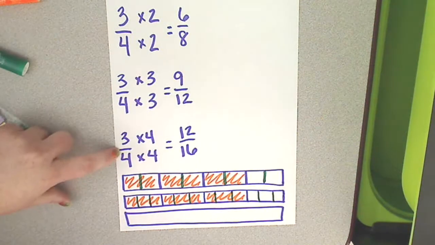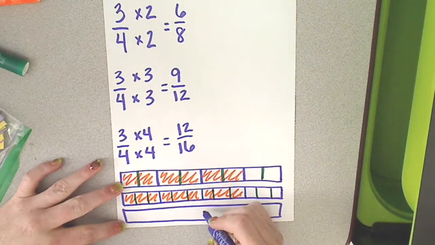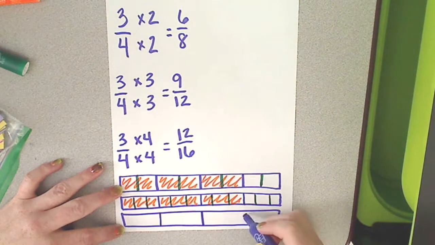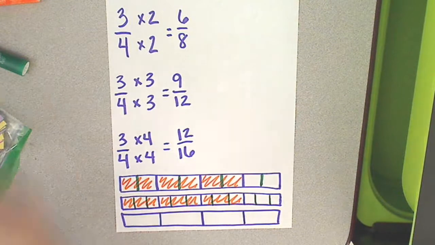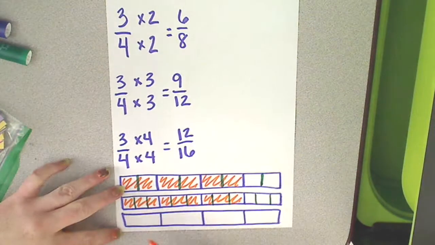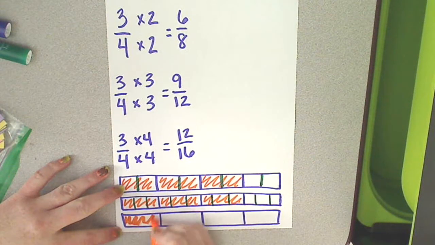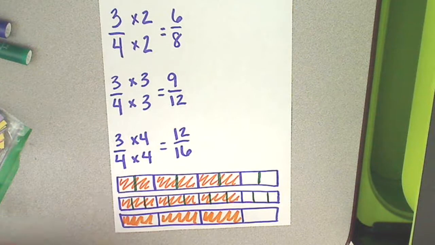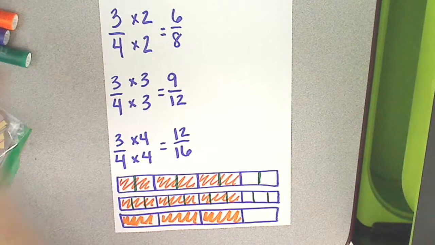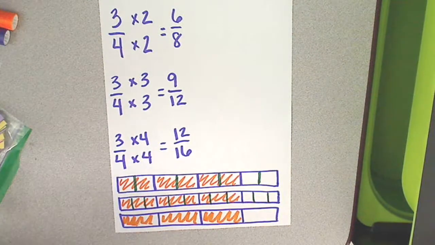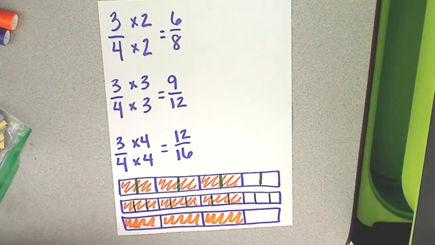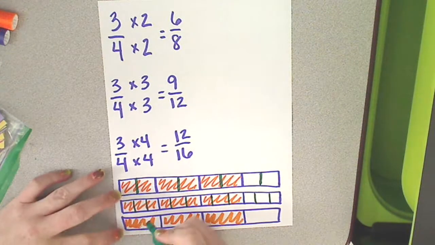Again, we're going to start with our 3/4. Split our bar in halves, then quarters, shade in our 3 pieces, and then we need to split each section into 4 more pieces. So let's see here.